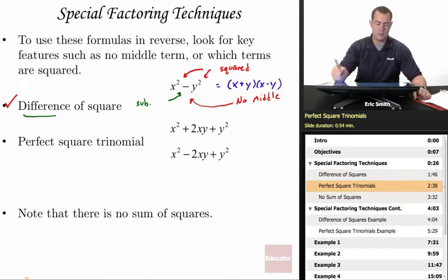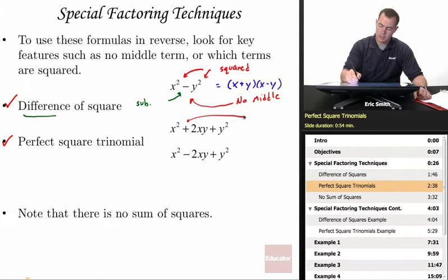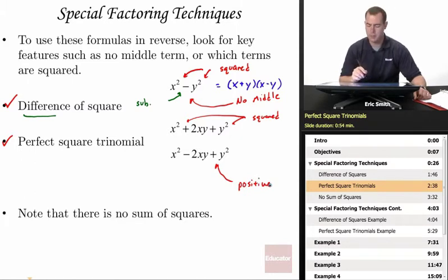For your perfect square trinomials, again, you want the first term and the last term to be squared. The last term should be positive. Now comes the tricky part.